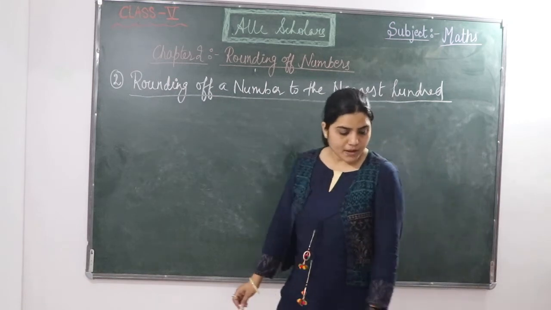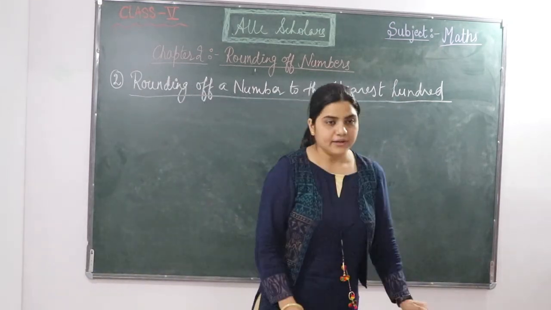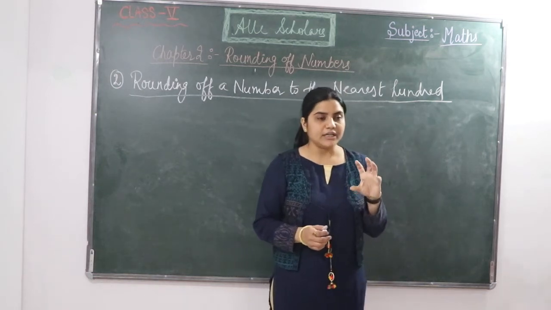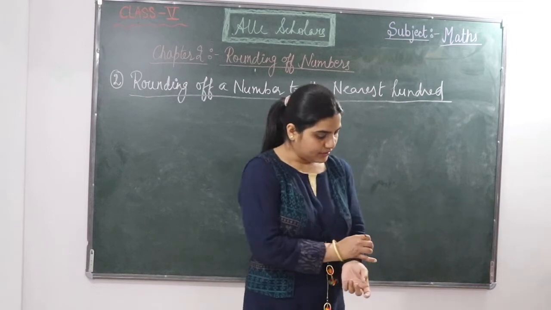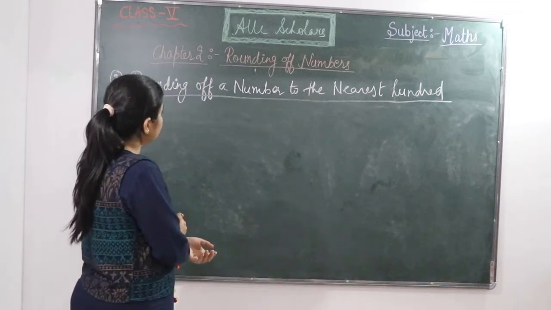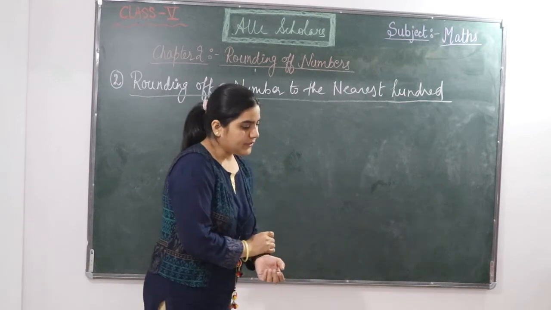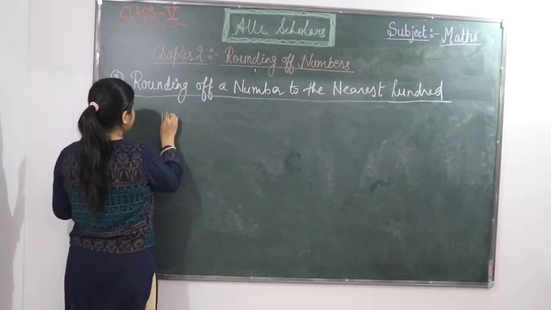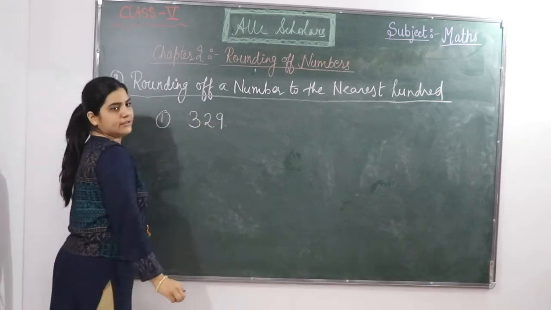To round off a number to the nearest 100, we have to round off to the multiple of 100 near to that number. A number in the midway is always rounded up. Fine, let's take the example 329.